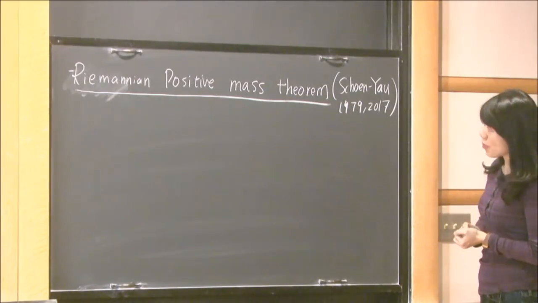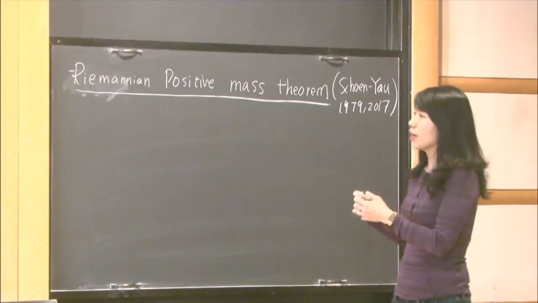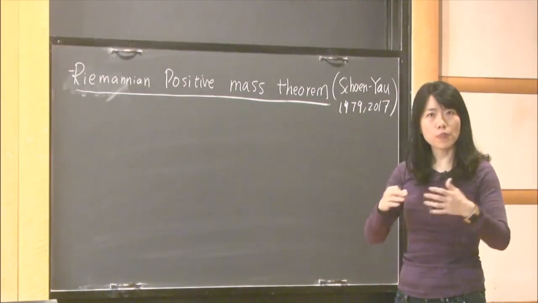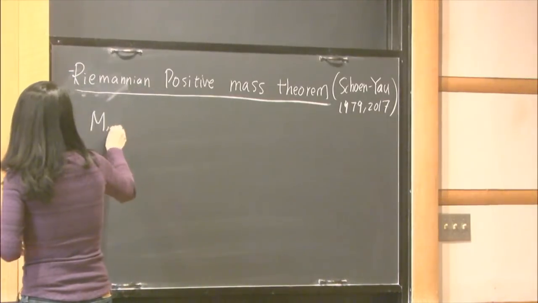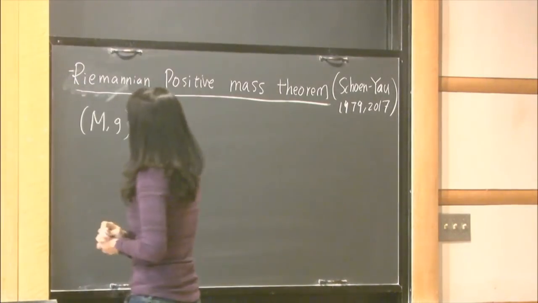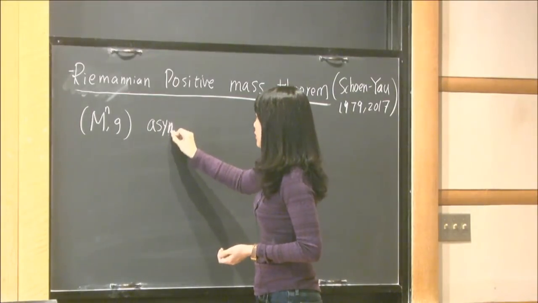And so what's the statement of the Riemannian positive mass theorem? The manifold in this statement will not be a compact manifold. It will be an unbounded manifold, and we'll give a more precise definition later. So this is asymptotically flat.